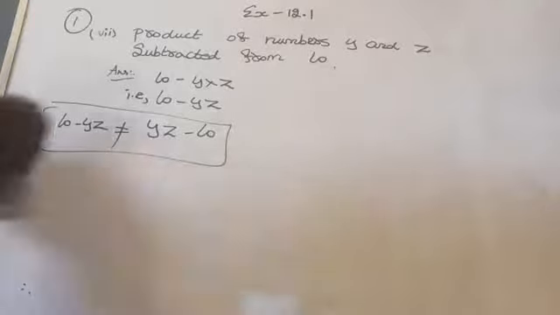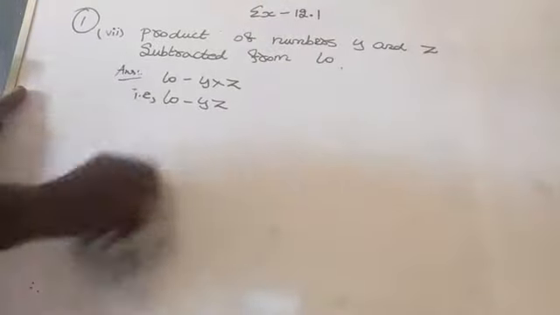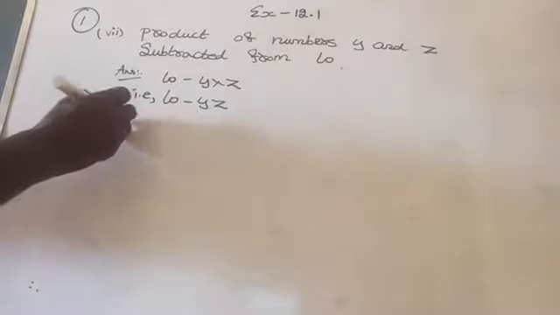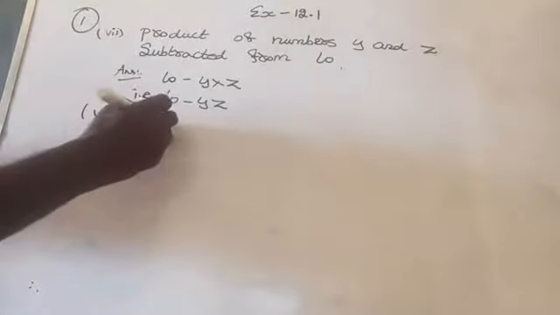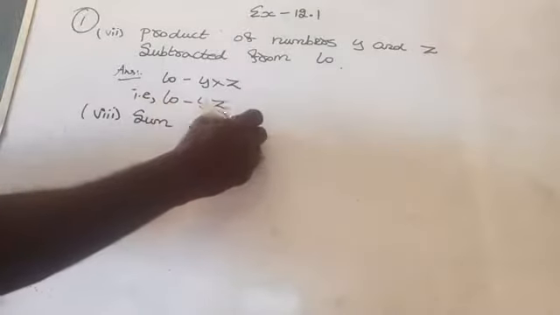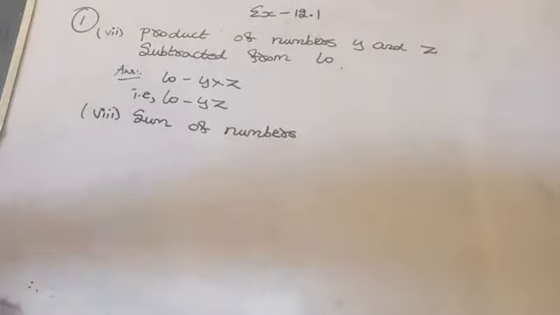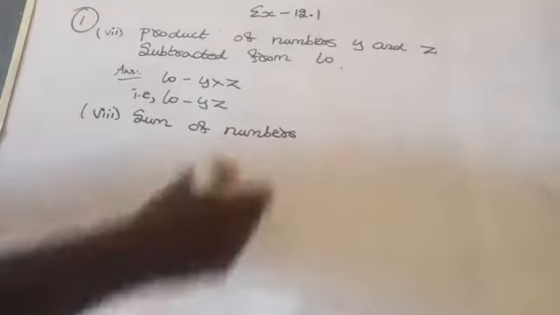And then the eighth part of this question is: sum of numbers a and b subtracted from their product.